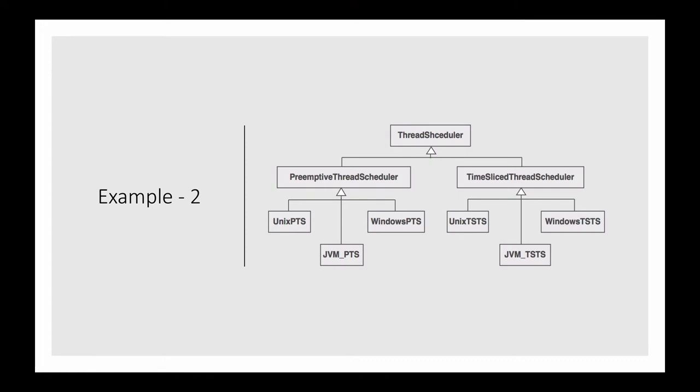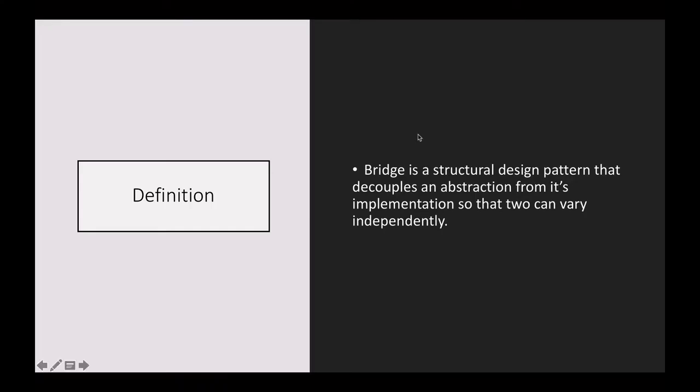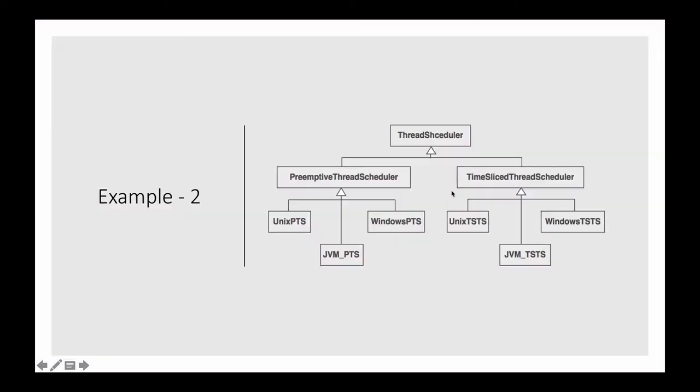So here in this UML diagram, as we discussed in the definition, what we are trying to do is to abstract the behavior for the thread scheduler. But what we see here is that actually the implementation for the thread scheduler is dependent on the platform itself, which can vary accordingly.